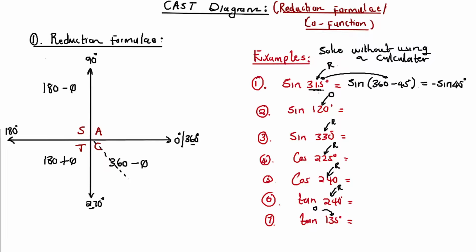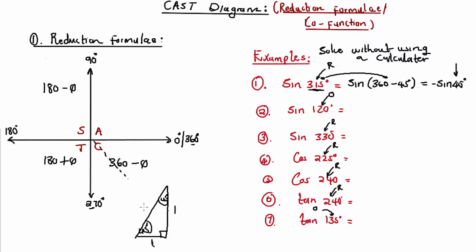As you can see, we just reduced the 315 to 45 using a reduction formula. Now you can solve the 315 without the calculator if you have it expressed as a special angle. Now I'm going to bring in the triangles. 45 degrees.